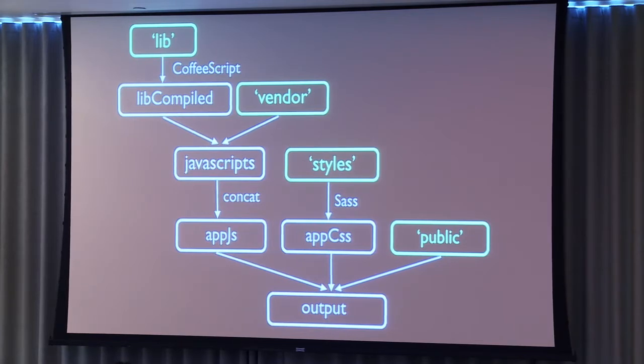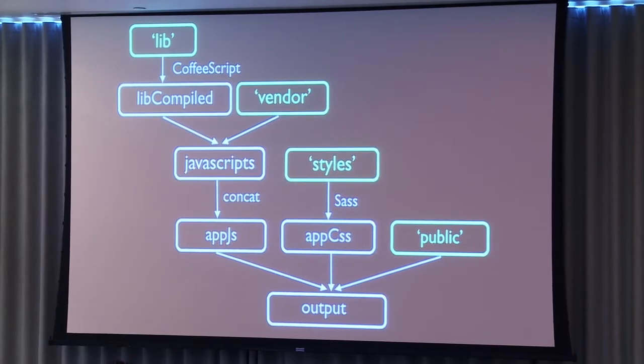How can we make this fast? The trick is that every compiler, every arrow that you see in this graph, is responsible for being fast. We want the whole rebuild to be instantaneous. Instantaneous for humans means about 200 milliseconds. So we have a 200 millisecond budget to rebuild the whole thing.